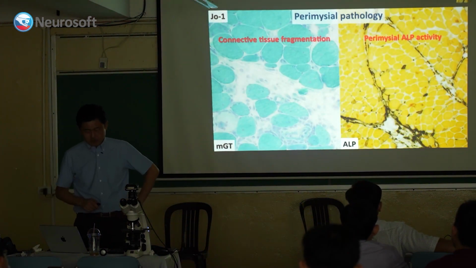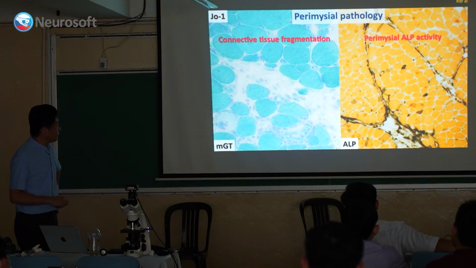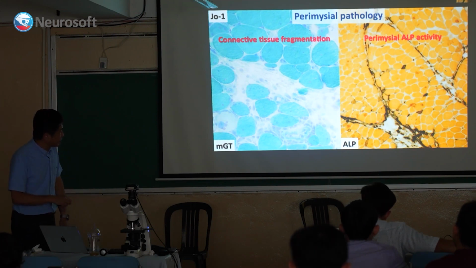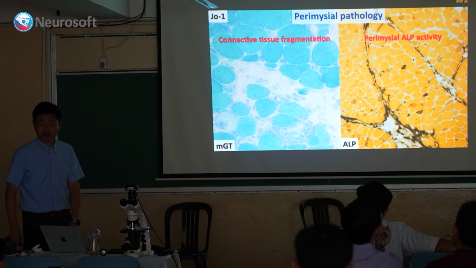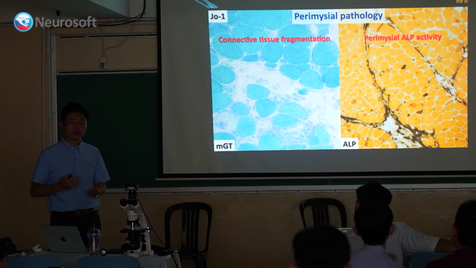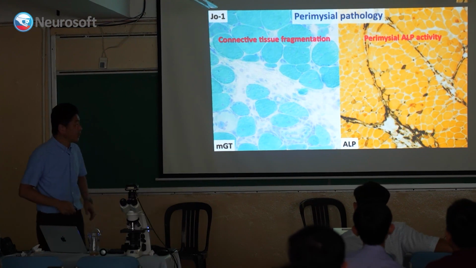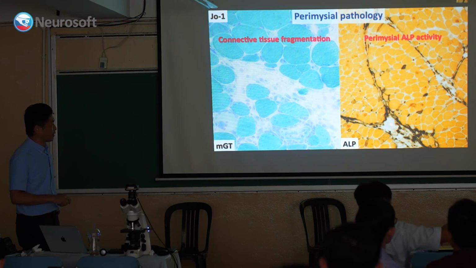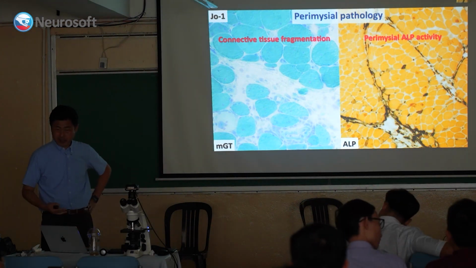And another important feature is perimysium. Perimysial connective tissue is often fragmented like this, and sometimes alkaline phosphatase is positive. Alkaline phosphatase is normally present in the bone, but not in the muscle. But for some reason, in some myositis, you see alkaline phosphatase expression in perimysium.